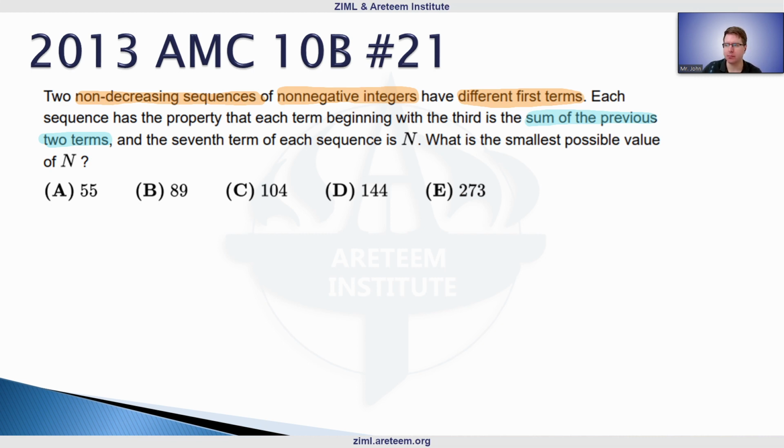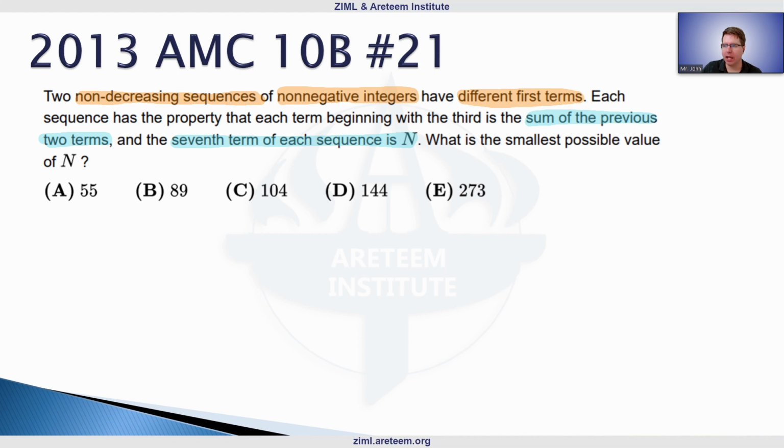Our key piece of information is the seventh term of each sequence is n, and we want to find the smallest possible value of n.